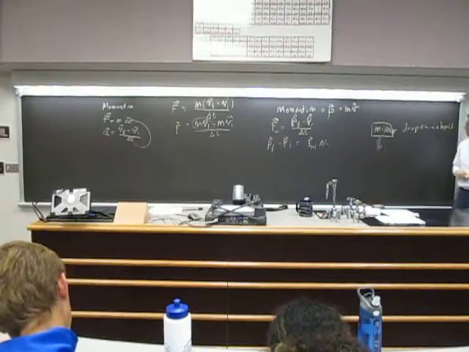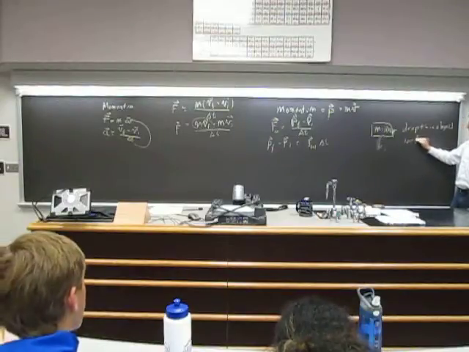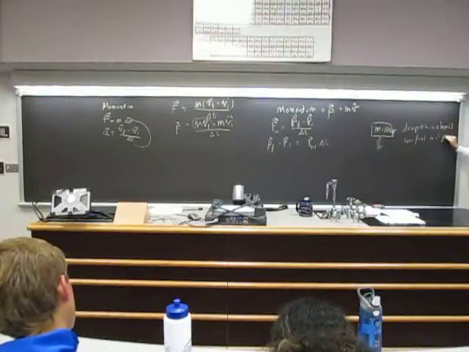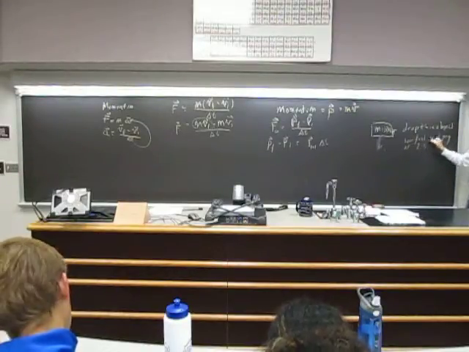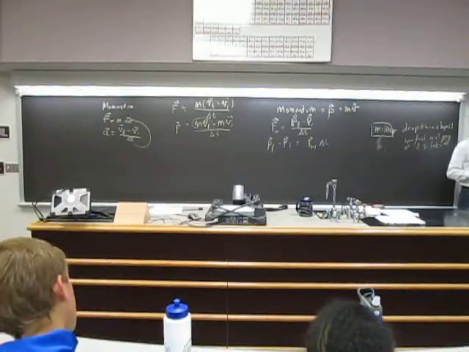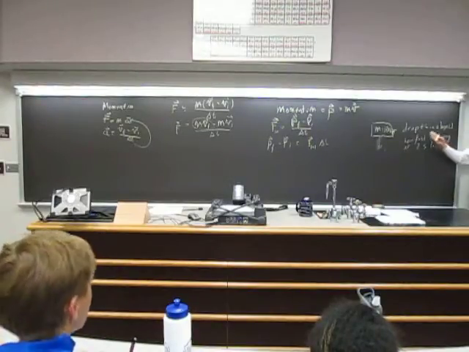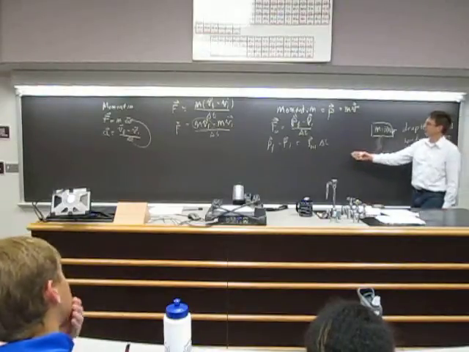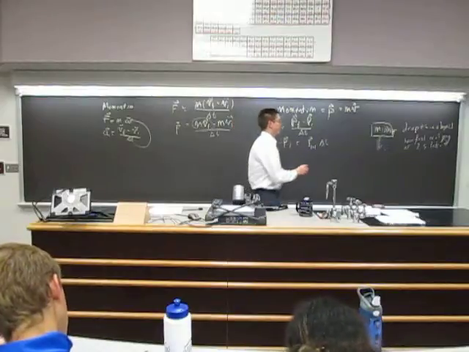How fast is it going some seconds later? Of course, you can do this by knowing the acceleration and just multiplying the acceleration times the time. Let's do it with this momentum thing here, okay? So use momentum.